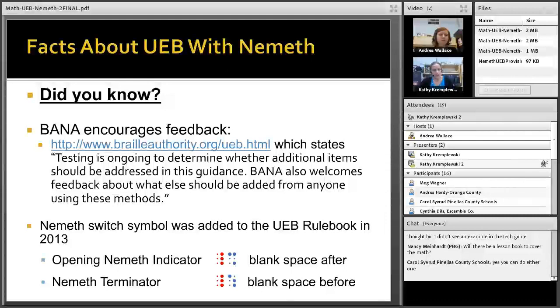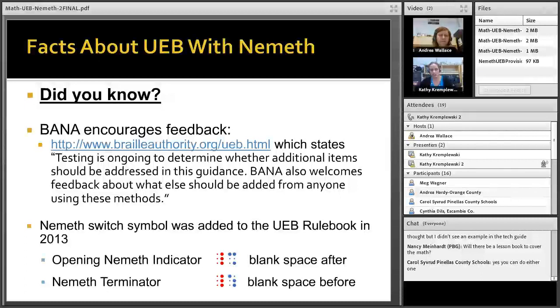One thing I definitely want to point out, especially for those transcribers out there: BANA encourages feedback. This is BANA's website directly. It said testing is ongoing to determine whether additional items should be addressed in this guidance, and they welcome feedback about what else needs to be added.